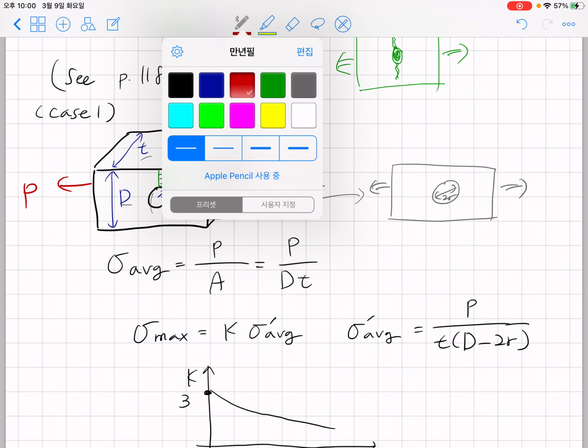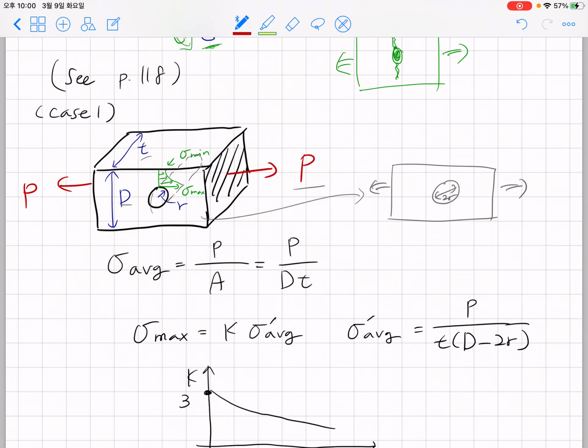Okay, so what people have found is that the stress distribution around this point and that point will be almost uniform. Okay, almost uniform. However, the stress distribution near the hole is not uniform.